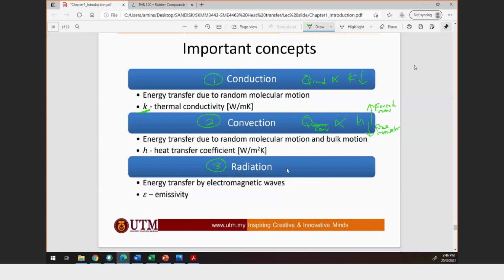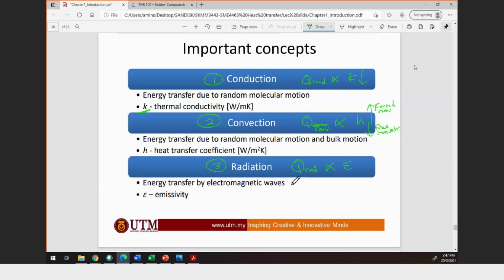Radiation is related to the emissivity, as well as the temperature. The higher the temperature, the higher the heat. But other than the temperature, the properties of the solid, the properties of the fluid, and the surface emissivity will influence the heat radiation of the object or surface.